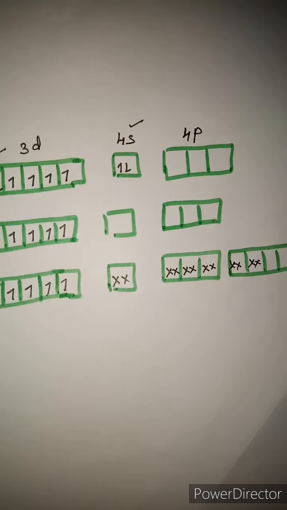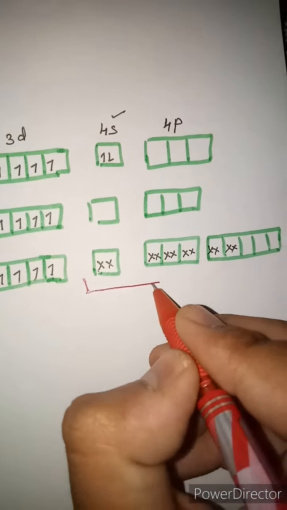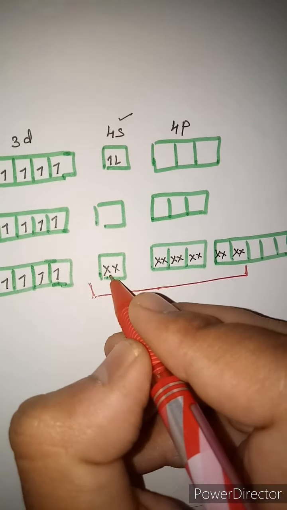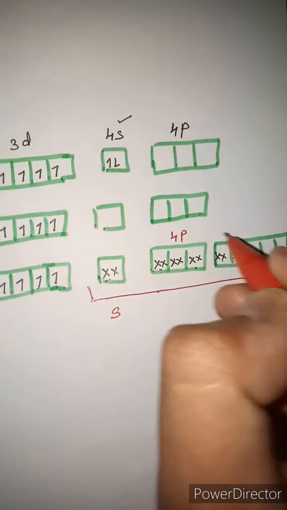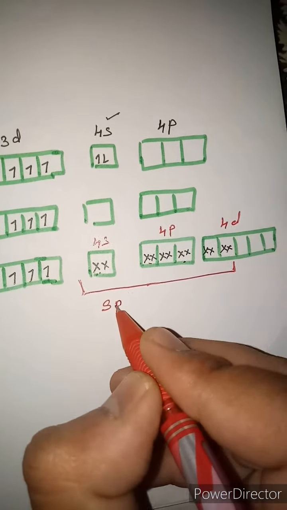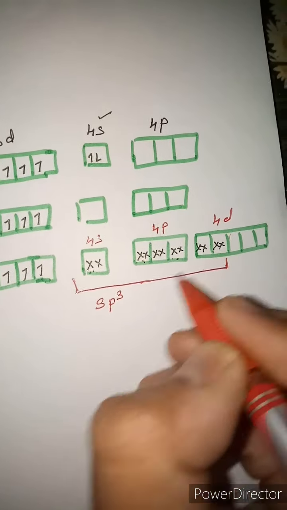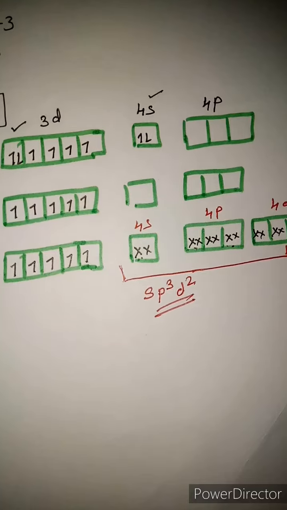Now here you can see that I have just given electrons towards the Fe. So this is s, p is completely filled. This is 4p, 4d and 4s. So p3 and d2. So this is what we get as the hybridization.